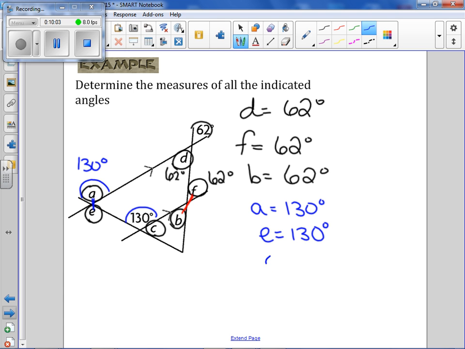Now all I have left to do is C. A and C are same side exterior. So remember, same side exterior means that they add to be 180.